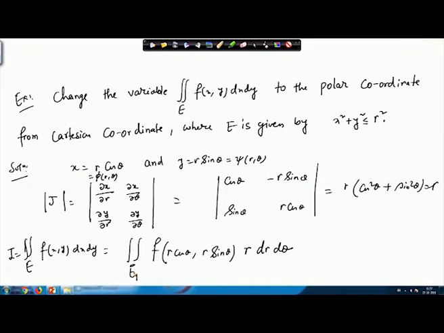E1 can be replaced by r from 0 to R and theta from 0 to 2 pi. So, we replace E1 by the limits of r and theta, and this is the required transformed integral from the Cartesian coordinate system to the polar coordinate system.